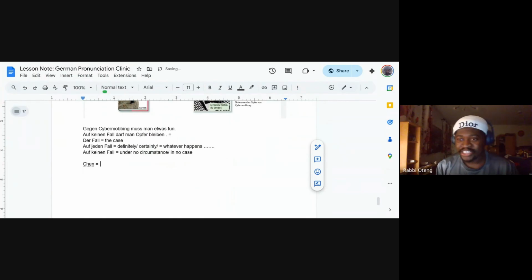We add -chen to a noun to say the small type of the noun. So if I say I live in a house, Haus, but if I say I live in a small house, then it's Häuschen.